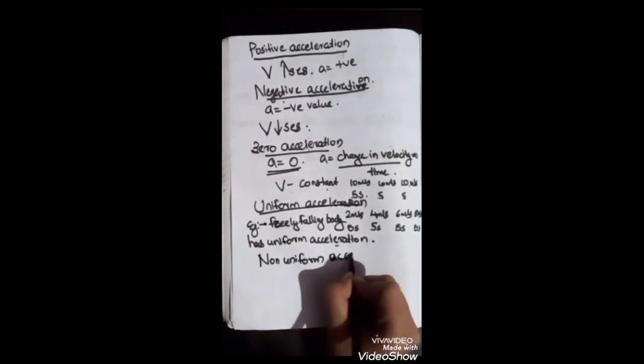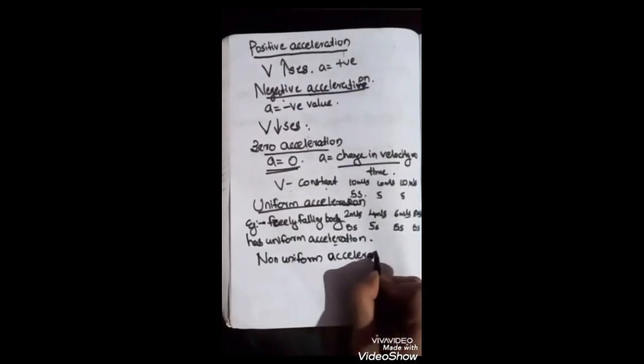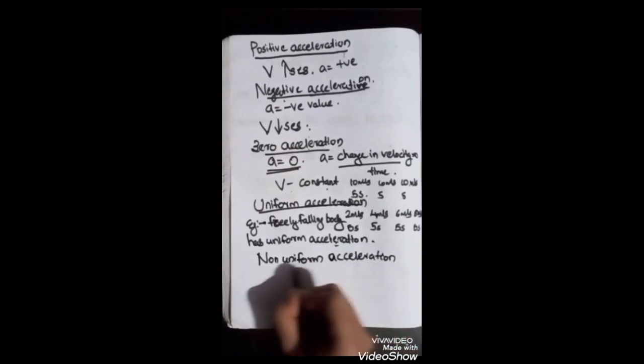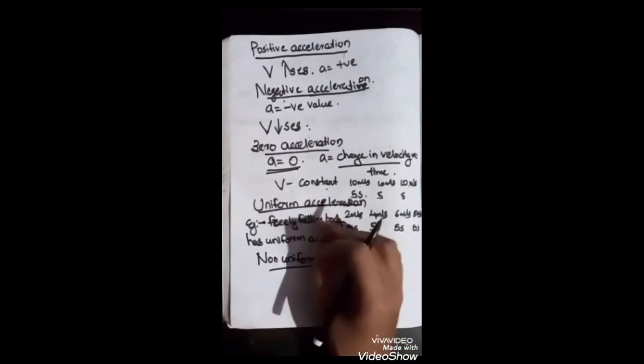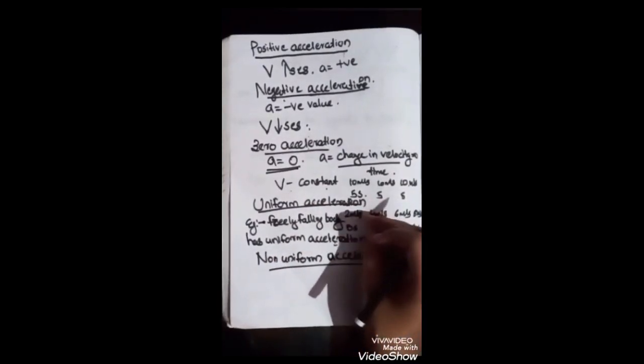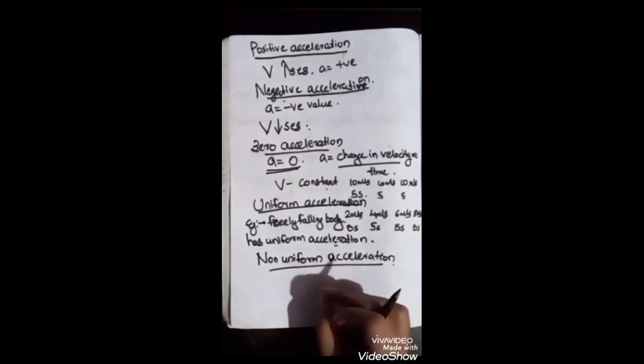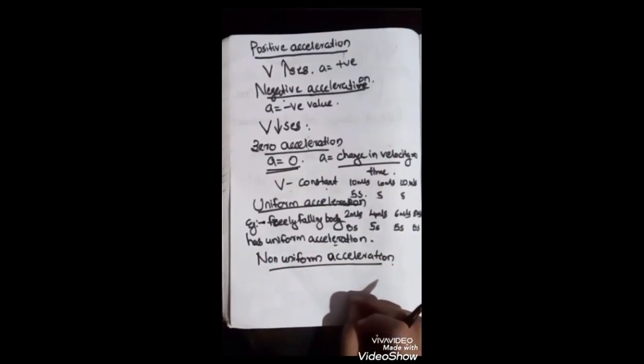Then the next one is non-uniform acceleration. That is opposite to the uniform acceleration. In uniform acceleration, the change in velocity is equal in equal intervals of time. Here in non-uniform acceleration, the change in velocity is not equal in equal intervals of time.